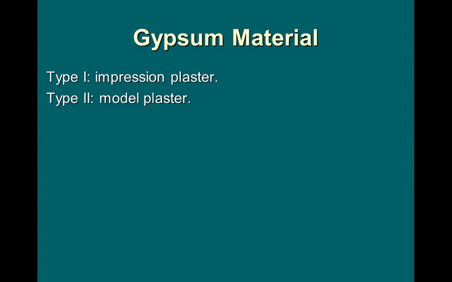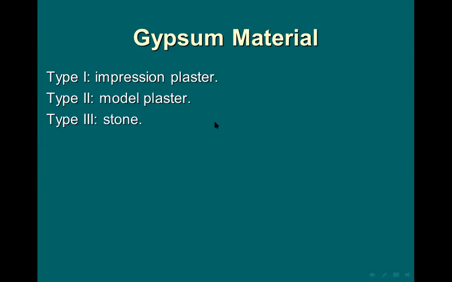The other type is the model plaster, or we call it the plaster of Paris. It is used for modeling or pouring the primary impressions or other steps during the flasking and modeling or mounting of the casts on the articulators.